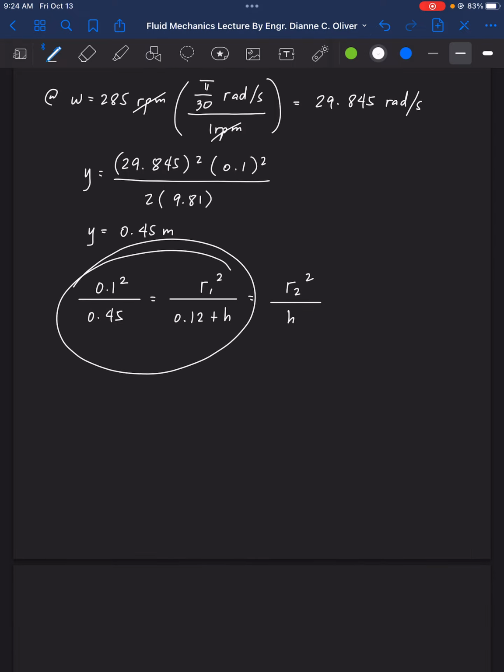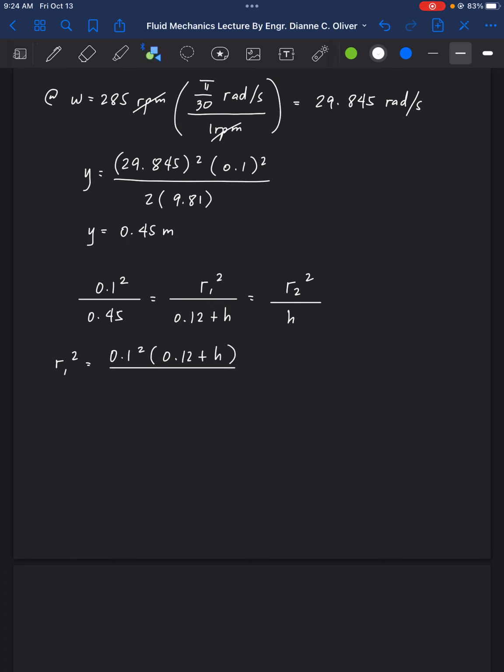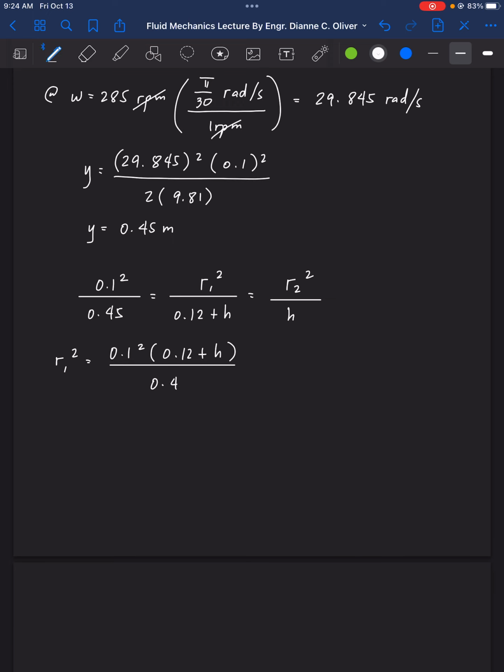Concentrating here, we will have r1. So r1 squared is equal to 0.1 squared times 0.12 plus h all over 0.45.